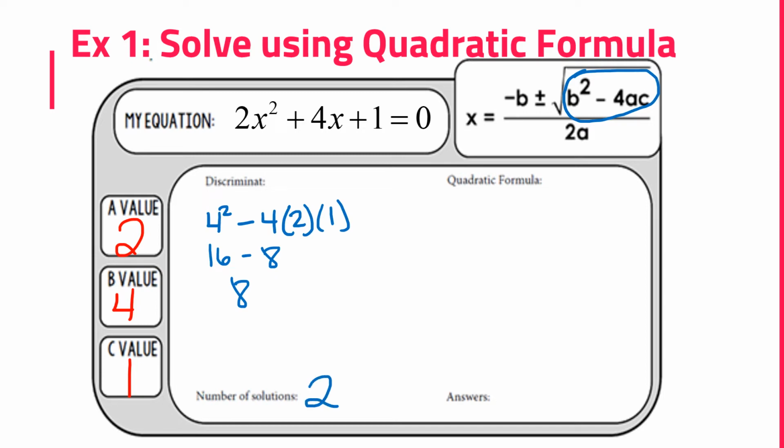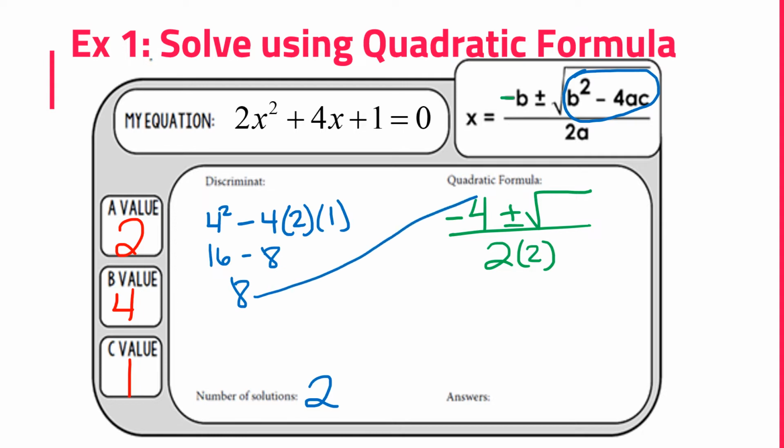All right, now let's use the formula. We already did all this work to get to 8, right? So as I start plugging into the formula, opposite b, right? This is part of the formula. So negative 4 plus or minus the square root, all over 2 times a. Now, instead of redoing the discriminant work, let's just take this 8 we already used and write it under the radical symbol.